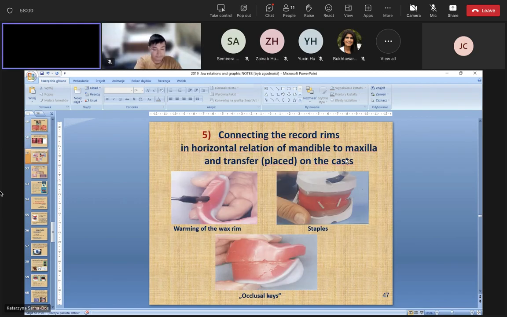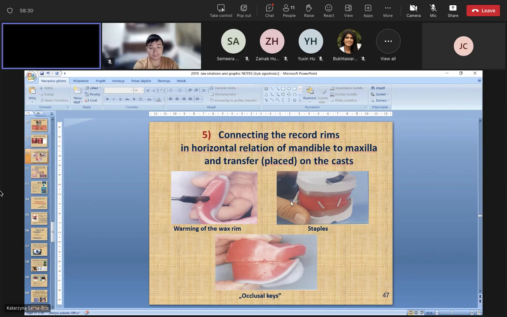And the next thing we should do, we should connect the record rims in horizontal relation of the mandible to the maxilla and place them on the casts. What we can do, we can warm the wax rim here, so make it softer, and then ask the patient to close his mouth, so the upper and lower connect together because they will be softer.